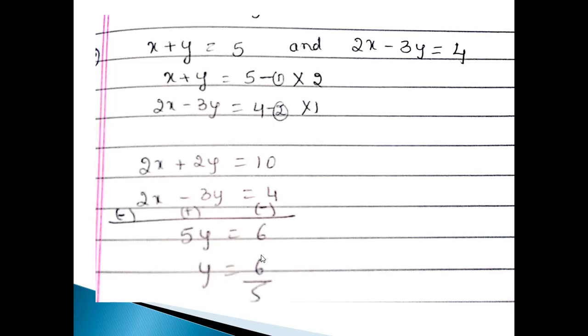In the second equation, the coefficient of x is 2, so multiply the first equation by that 2. x plus y is equal to 5, the first equation is multiplied by 2, and 2x minus 3y is equal to 4, the second equation is multiplied with 1. Then subtract and cancel the first term, and we are getting 5y is equal to 6. 10 minus 4 is equal to 6. y is equal to 6 by 5.